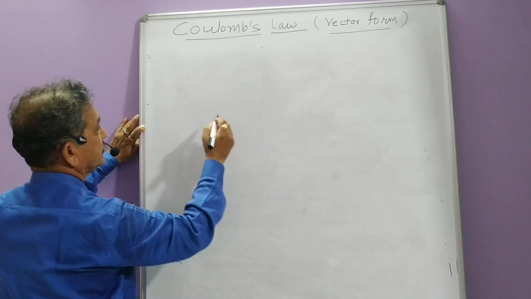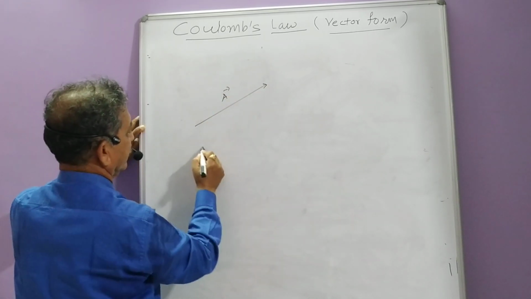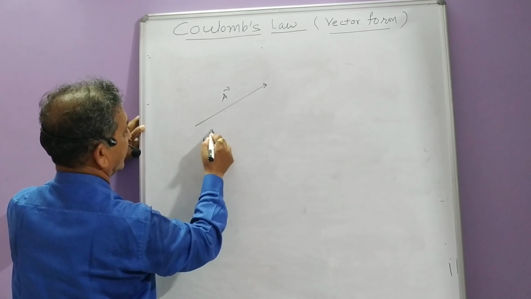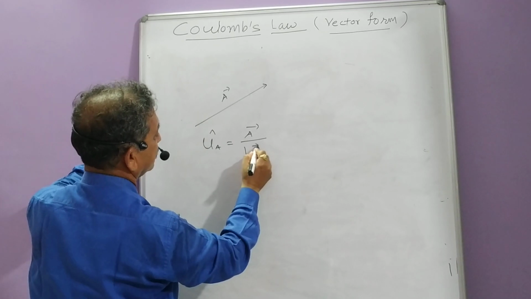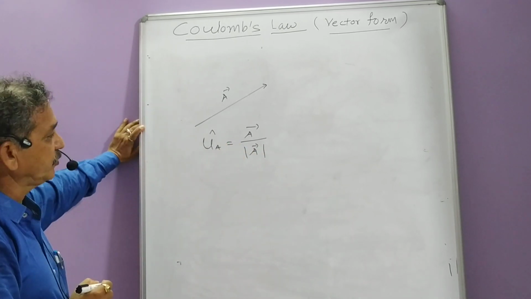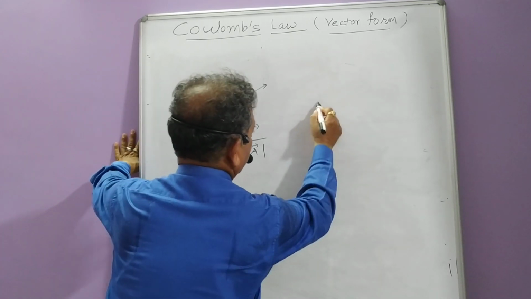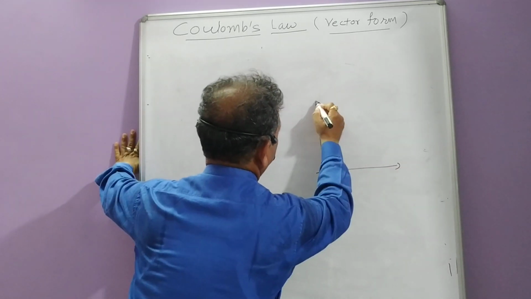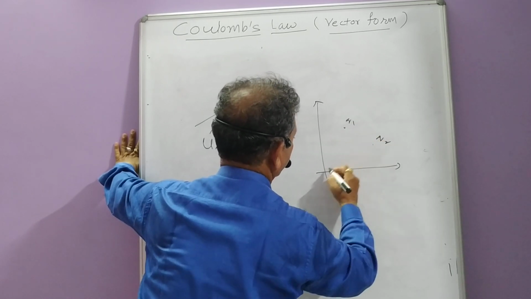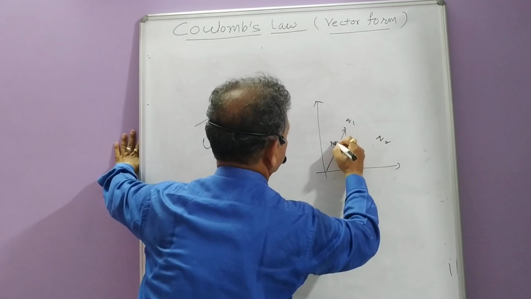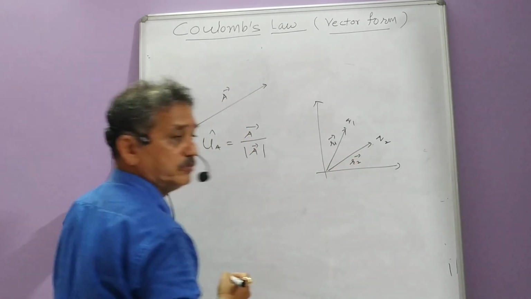If I say this is a vector A, then the unit vector of any vector is equal to the given vector upon its magnitude. So in this way you know the unit vector. But now if I say these are the charges Q1 and Q2, this is position vector R1, this is position vector R2, with respect to the origin.